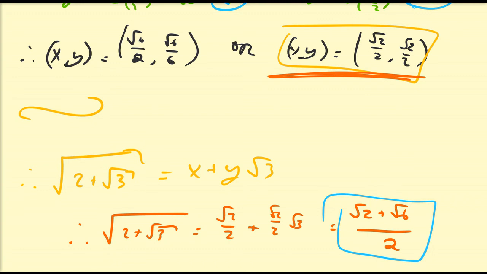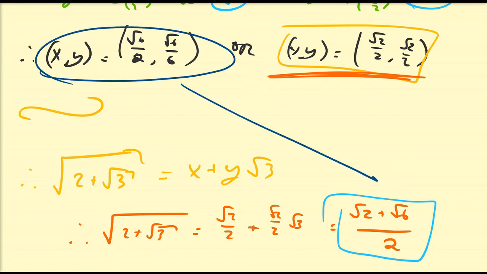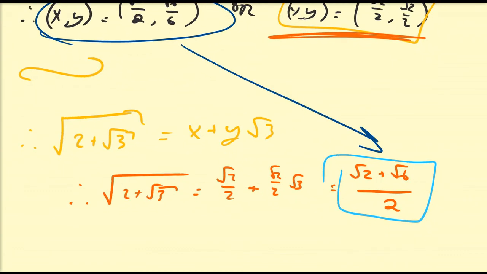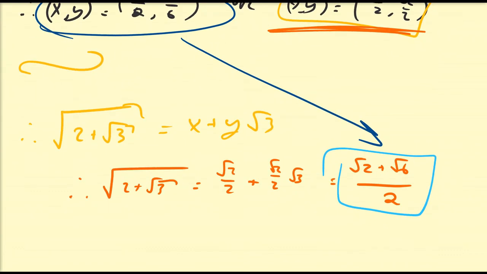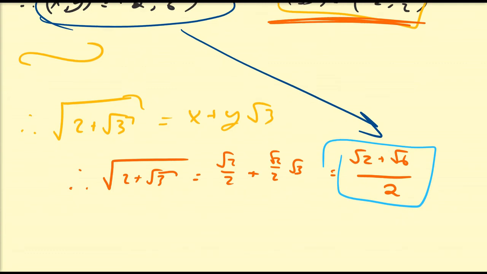I also invite you to try and see that this generates the same exact answer. But this is pretty much a very easy approach that you can use for decompositions of radical expressions.